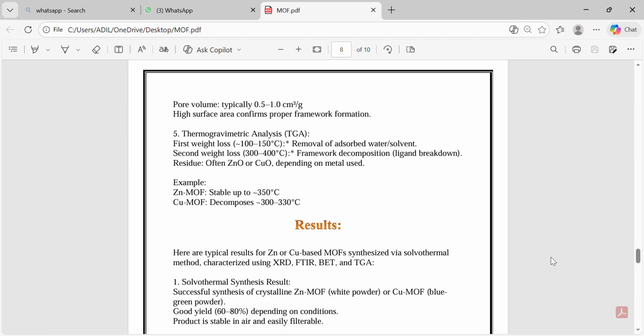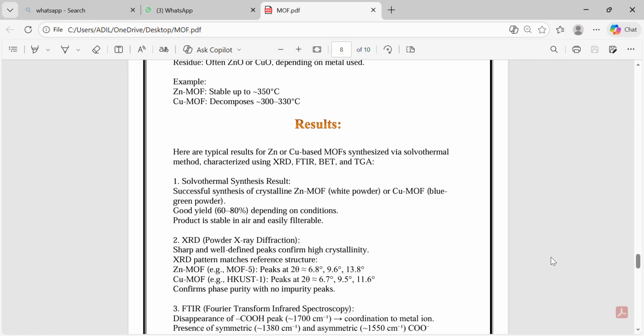This section lists typical findings for zinc or copper based MOFs made by a solvothermal method, heating a solution to form crystals. The tests used are XRD, FTIR, BET and TGA. Now we can discuss the results of these experiments one by one.